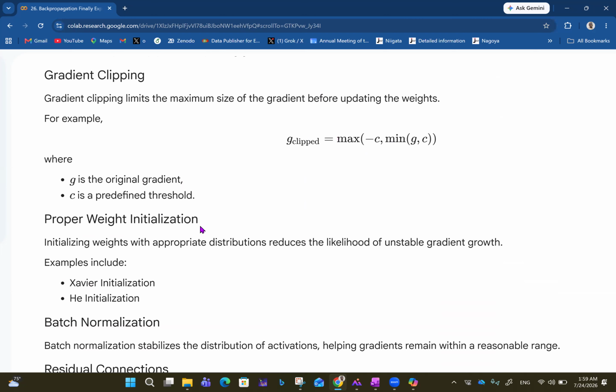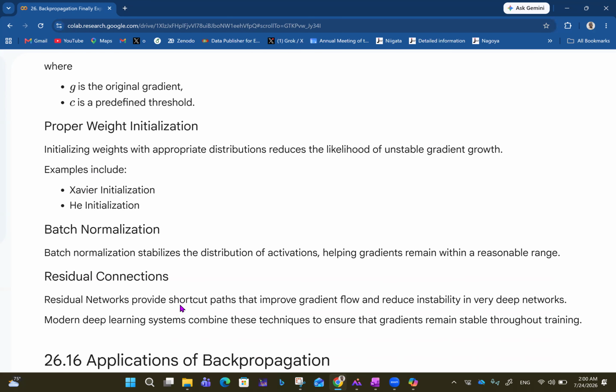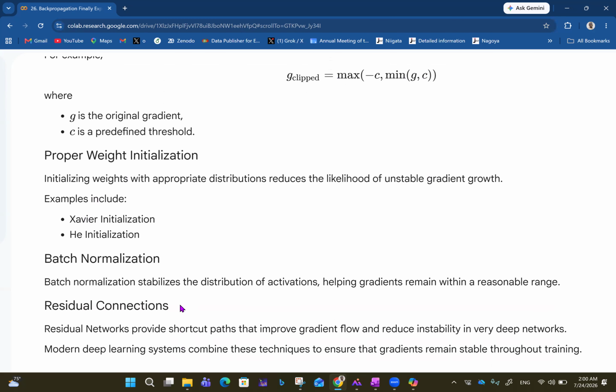Proper weight initialization is another way to take care of the exploding gradient problem. Initializing weights with appropriate distributions reduces the likelihood of unstable gradient growth. Examples include Xavier initialization and He initialization. Then we also have batch normalization, like what we talked about under the vanishing gradient problem.